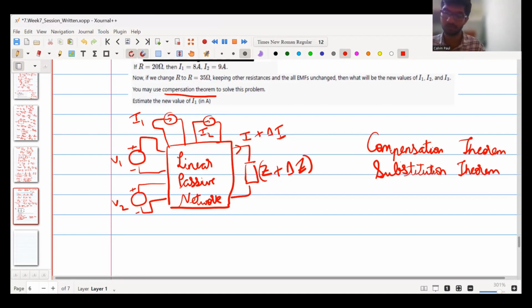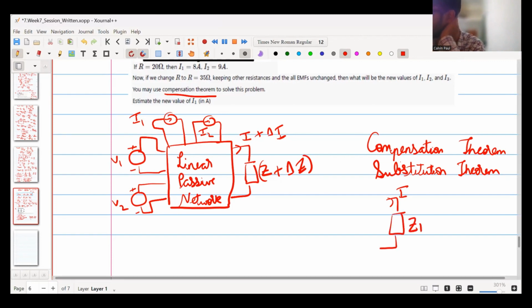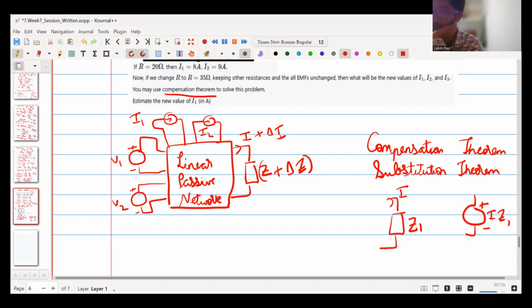Same current will flow. So substitution theorem means that if you have some current and some impedance Z1, we can replace it by a voltage source I into Z1, an equivalent voltage source in our network, and it will be the same.